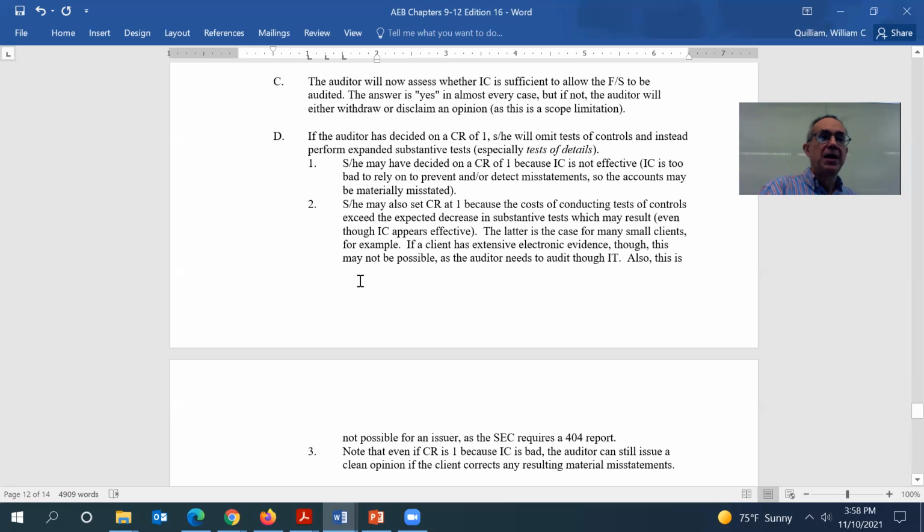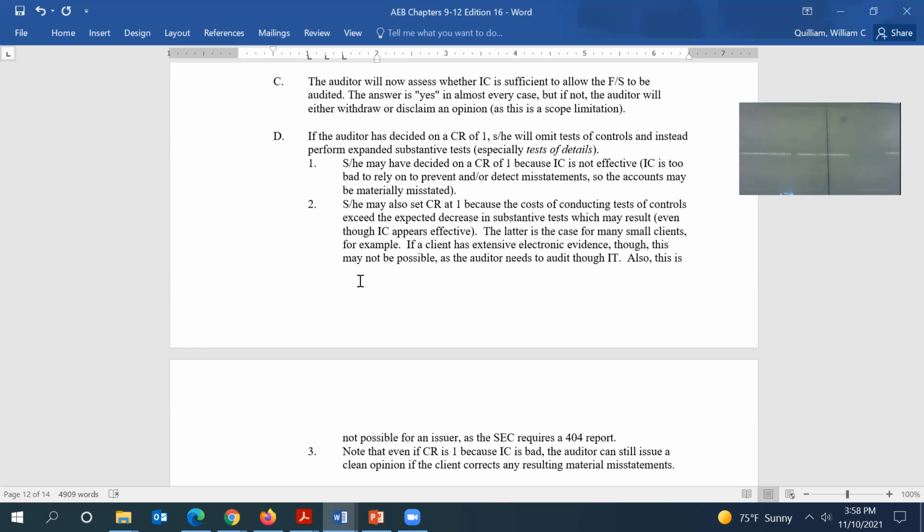Now, let's assume that this auditor said, okay, we can go ahead with this client. If the client has such problems, it's probably going to be moot.